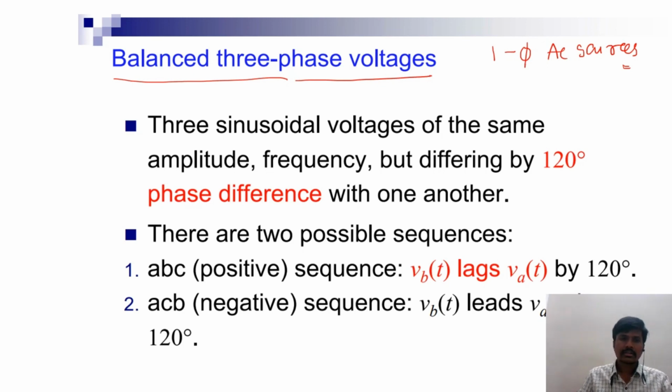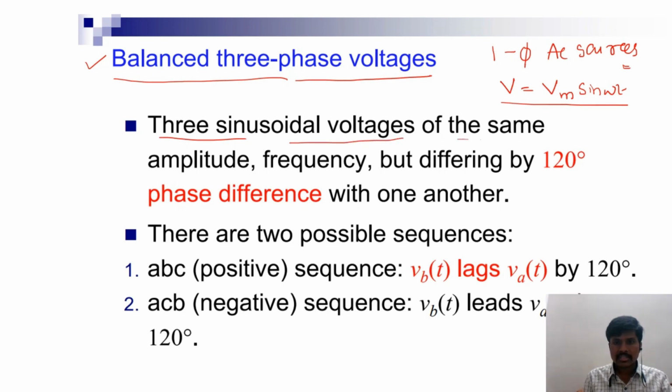Let us take one: V = Vm sin omega t. This is the single phase AC voltage source expression. Now coming to three-phase balanced voltage, that is three sinusoidal voltages of the same magnitude, same amplitude and frequency, but differing by 120 degrees phase difference with one another.